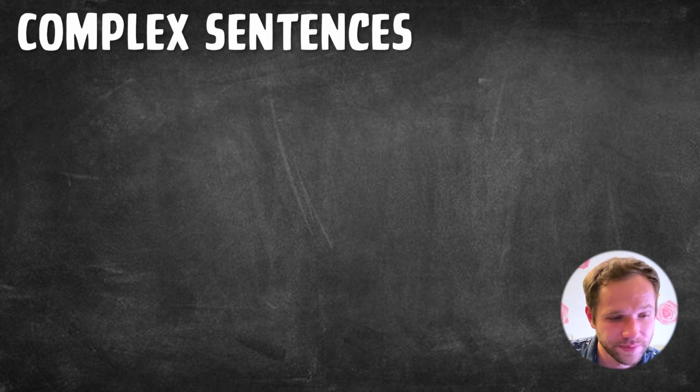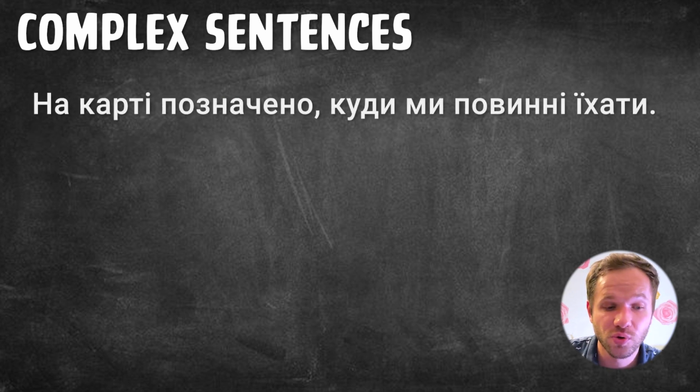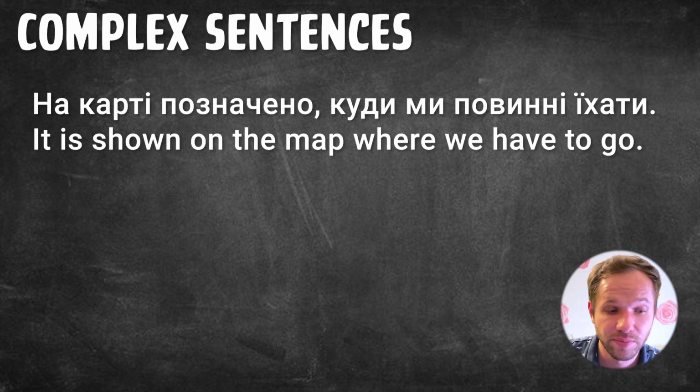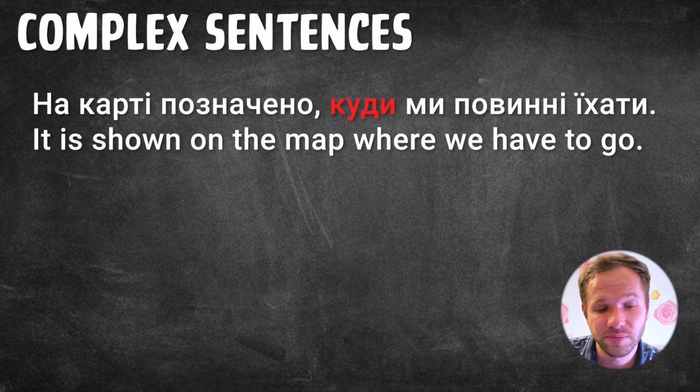And the last one. На карті позначено, куди ми повинні їхати. It is shown on the map where we have to go. There are even more conjunctions and some of them even decline like adjectives. But this will be enough to begin with.